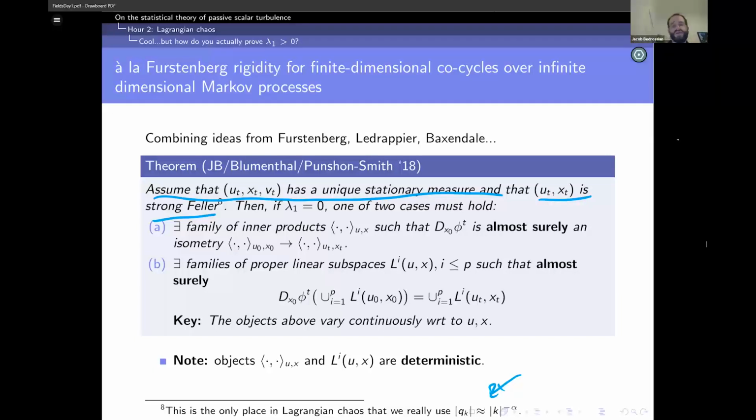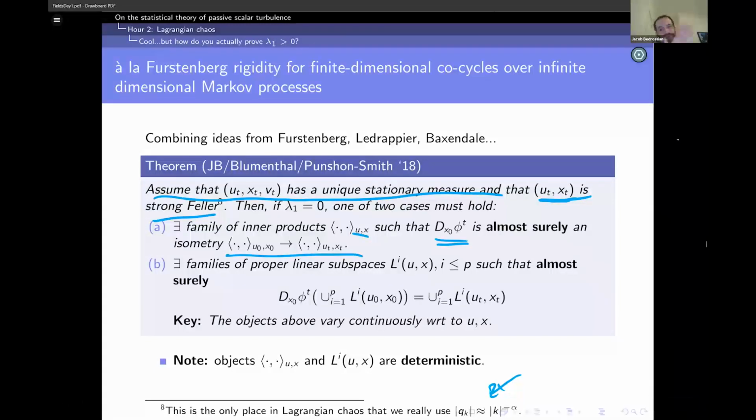Then we can prove in this case the following variation of a la Furstenberg dichotomy, where either you have a family now of inner products, so the inner products now vary as a function of the U_t, X_t process, and such that this guy acts almost surely as an isometry between the two inner products.